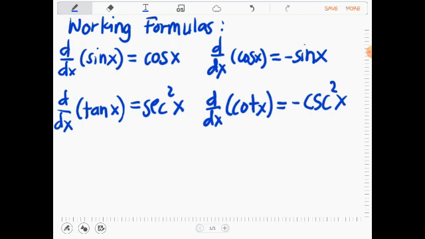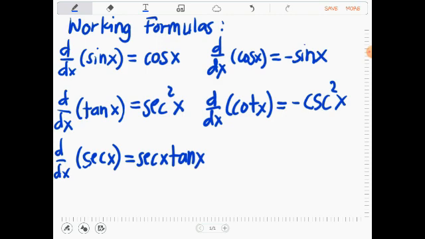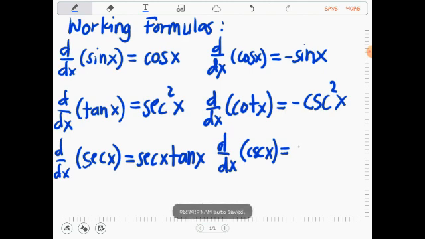And for the last set, we have the derivative of the secant x, that is equals to secant x tangent of x. And then the derivative of cosecant x, that is equals to negative cosecant x cotangent of x.